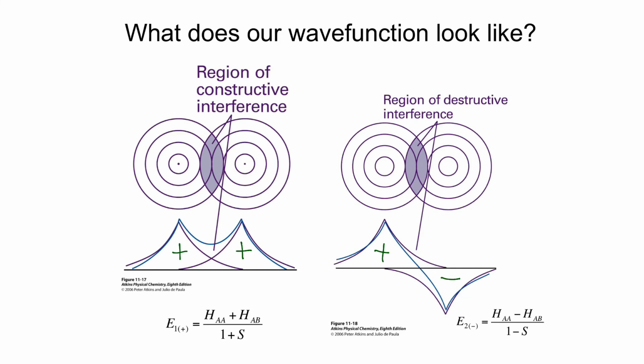In this case, we get good overlap with the same signs. That tells us that we're going to have this resulting blue curve here where we get a nice amount of probability of finding our electrons there. This is essentially telling you that you're going to be sharing electrons between those two atoms in that region between your nuclei.